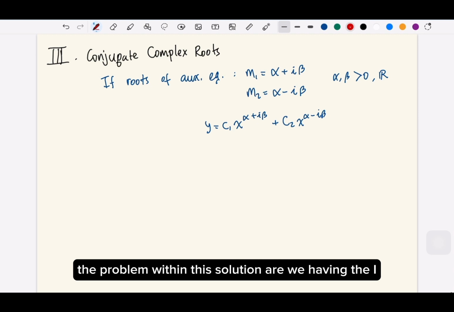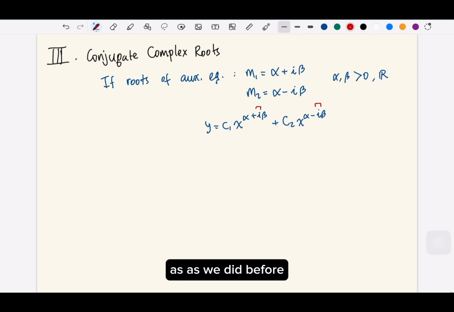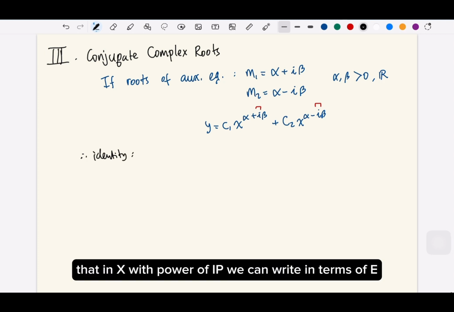But the problem with this solution is that we have the i, which is the imaginary number. We want to make the whole solution in terms of real numbers. So we are going to use the Euler formula as we did before. First we can write the identity that x to the power of i beta, we can write in terms of e.